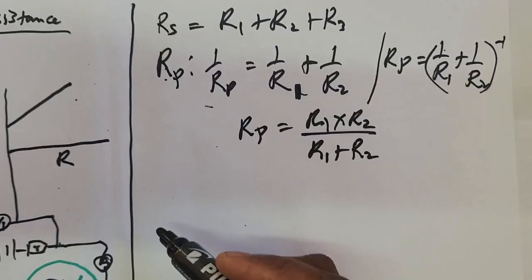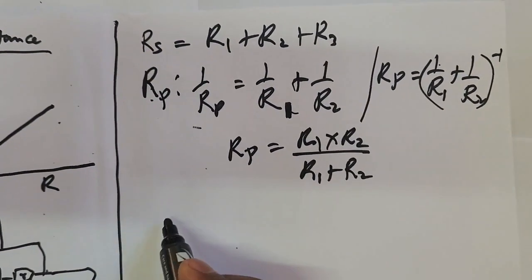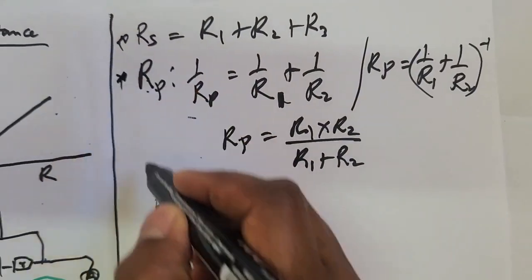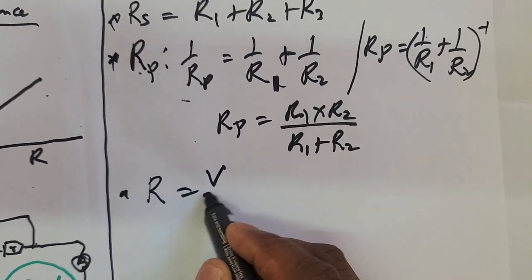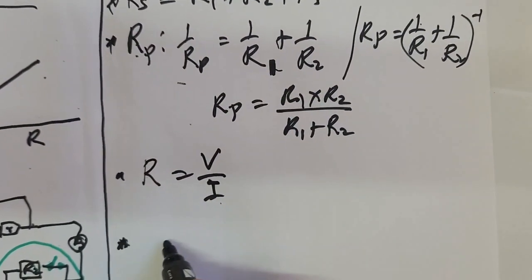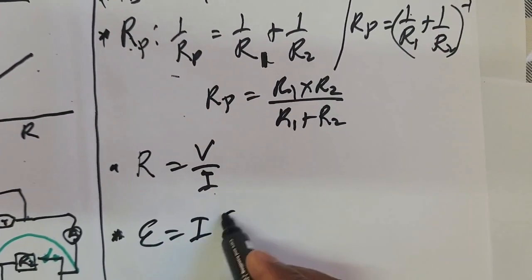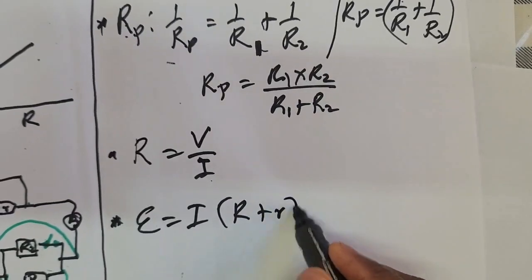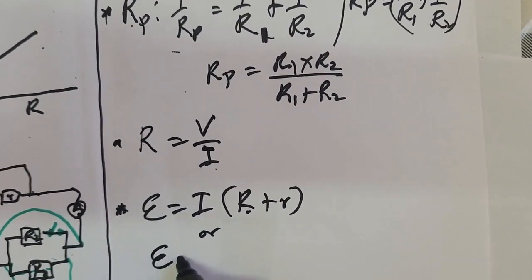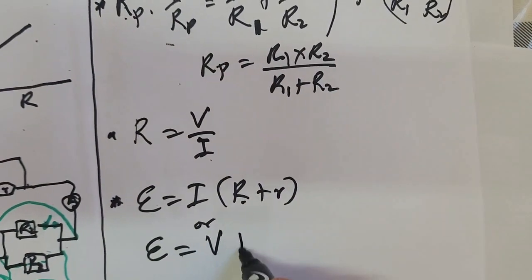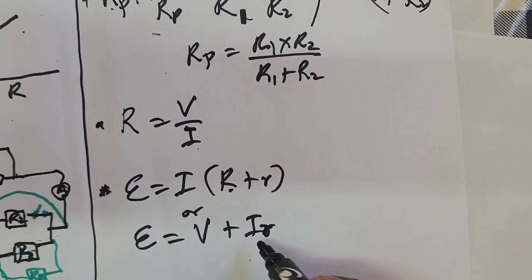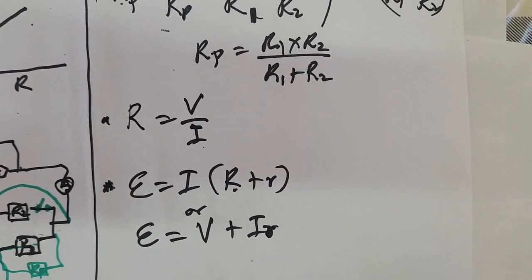No problem. And then the other one will be Ohm's law. These are just a summary: R equals V over I. Another formula that we'll be using here is E equals I into R plus r, which is R external and r internal, or you can also utilize E equals V plus Ir. In this case, this is V external, and this is V internal, the lost voltage inside the battery.